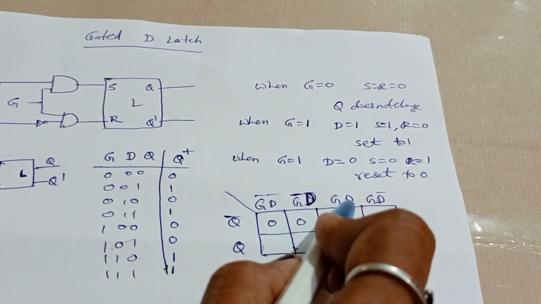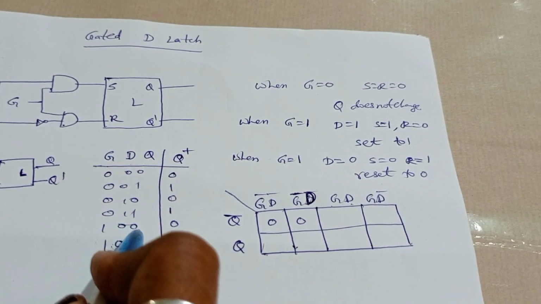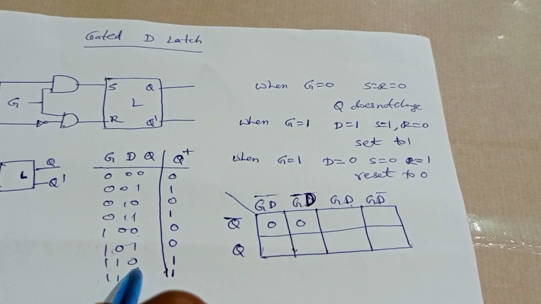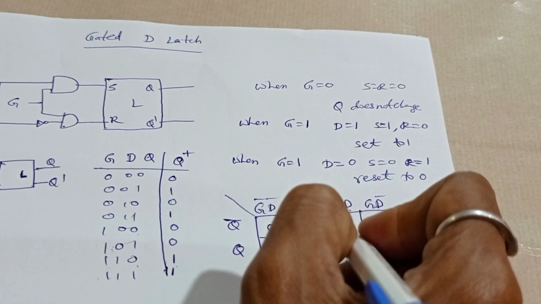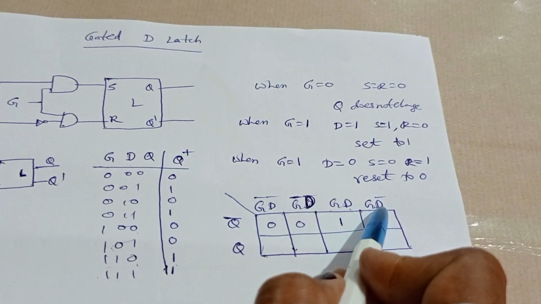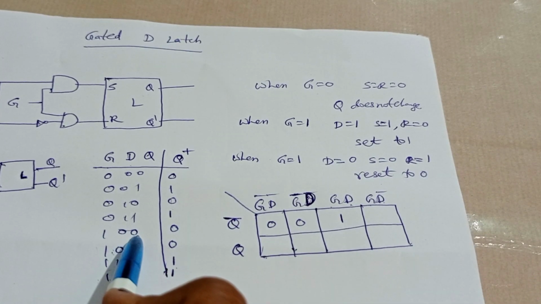Next G D 1 1 and Q bar is 0, that means 0, and both ones here, so place 1. Next G 1, D 0, Q 0, 1 0 0, the value is 0.